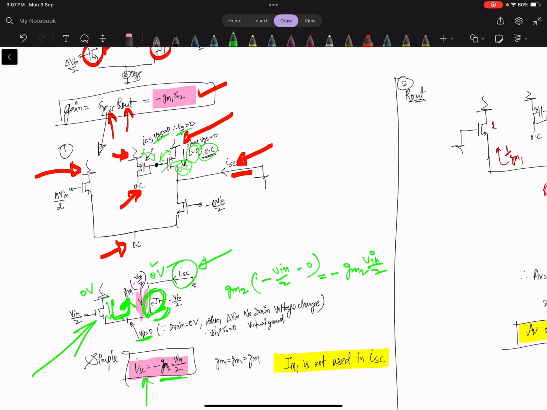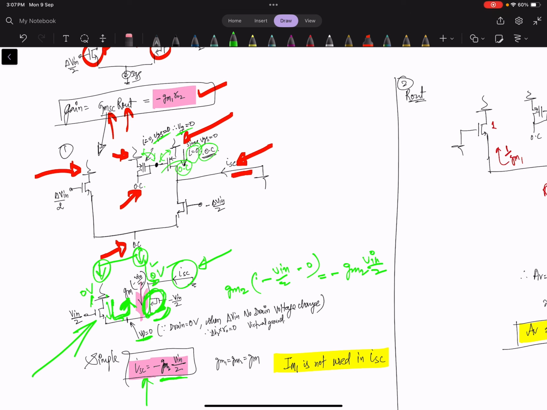But remember, when you use the active current mirror load, there you can use this current from the top, and it will copy here, and this current will be added.